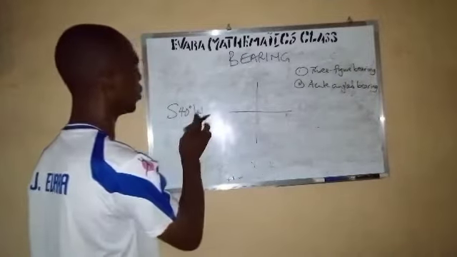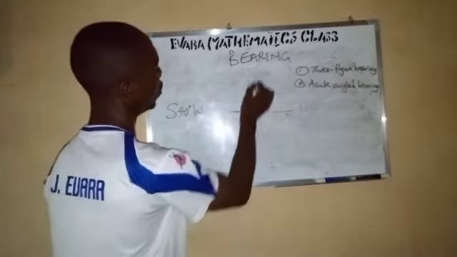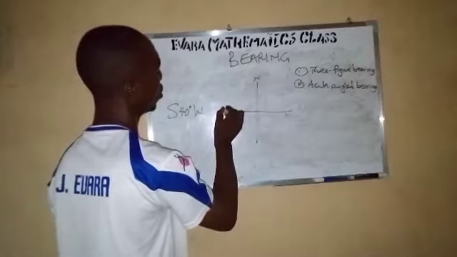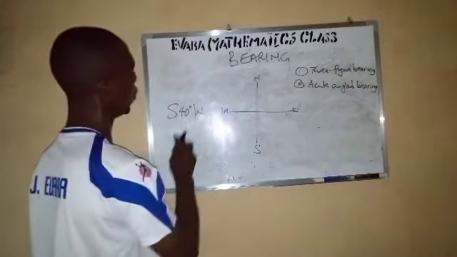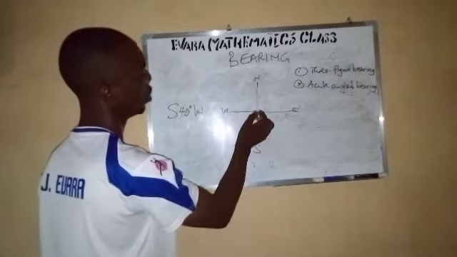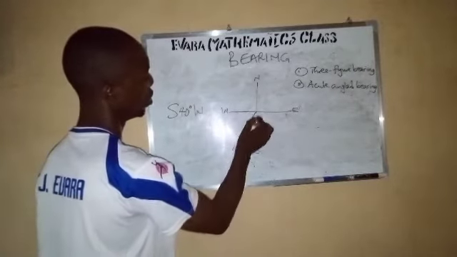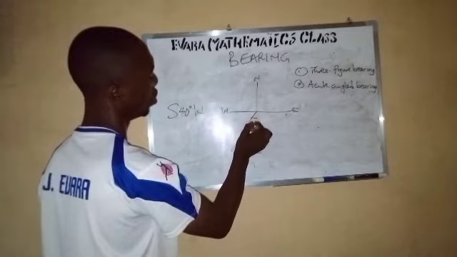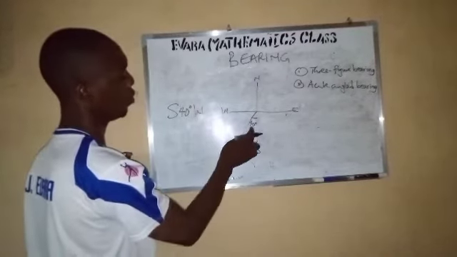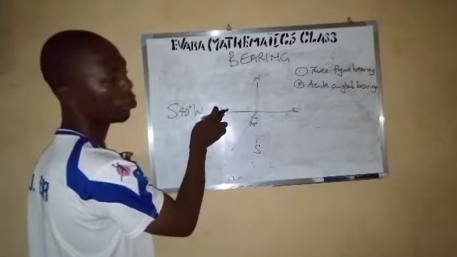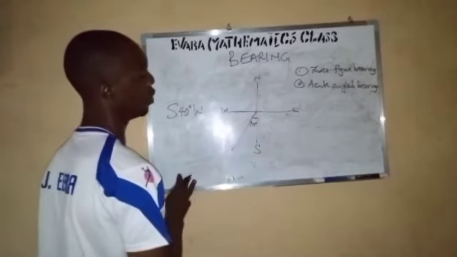South 40 degrees west: this is north, west, east, and south. So if you have south 40 degrees west, why is it here and not here? It is southwest. So you start your counting from south to west. This is south 40 degrees west.